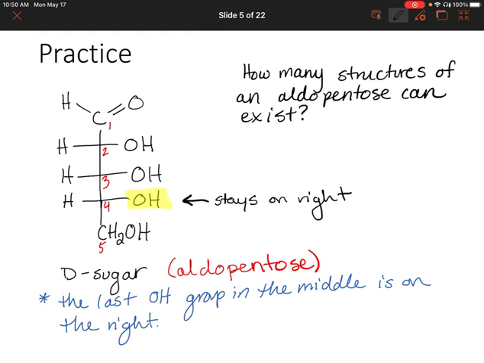But maybe when we're synthesizing this sugar or creating this sugar naturally, maybe these other chiral centers are opposite. So maybe one of those OH groups is on the left, maybe another one's on the right, maybe they're both on the right, both on the left. How many possible scenarios could we have there? How many possible structures?